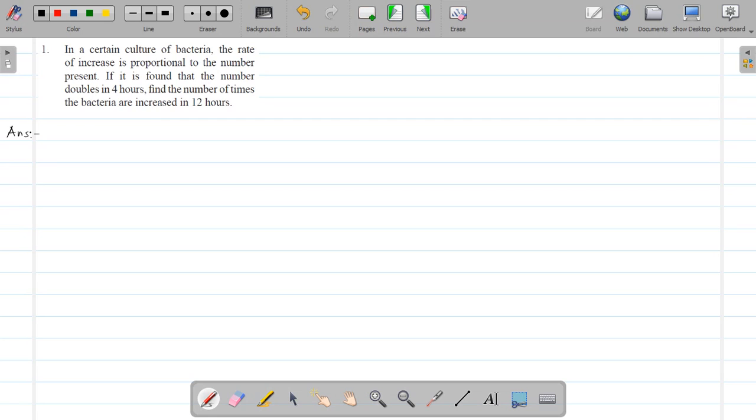So just see this statement: in a certain culture of bacteria the rate of increase, means here the rate of change is given to you, and the rate of change of that increase is proportional to the number present. So we have to express this sentence mathematically.